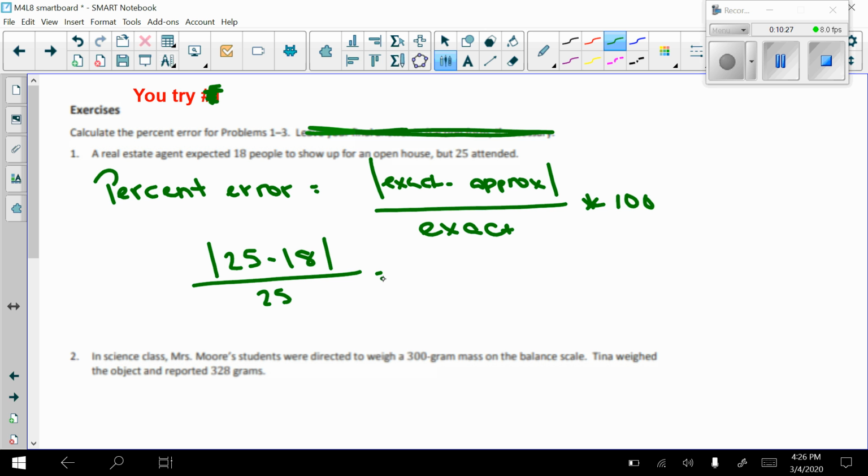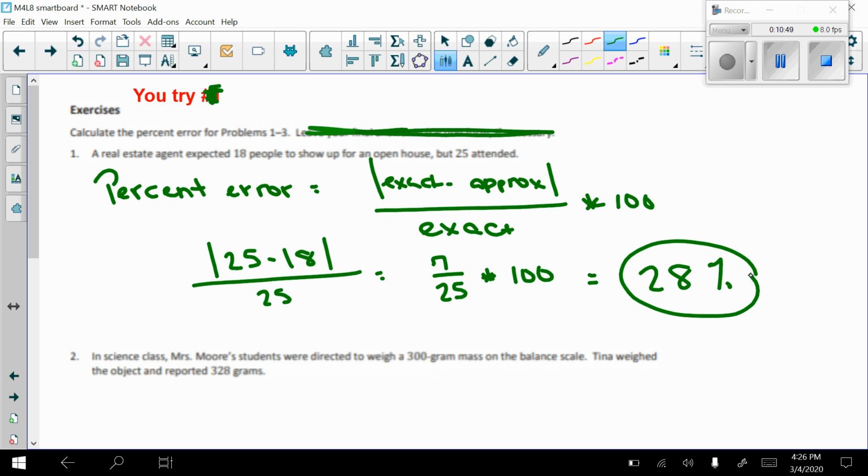So the absolute value of 25 minus 18 is 7 over 25 times 100. So 7 divided by 25 times 100 equals 28%. So the real estate agent was off by 28%.